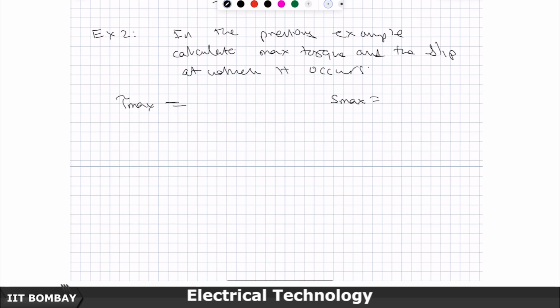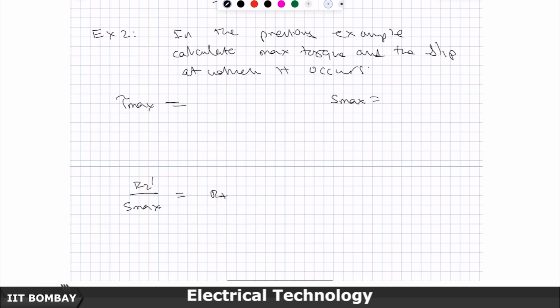So, S max was, if you remember, given by R2 dash by S max equal to the impedance of all the remaining elements in series.